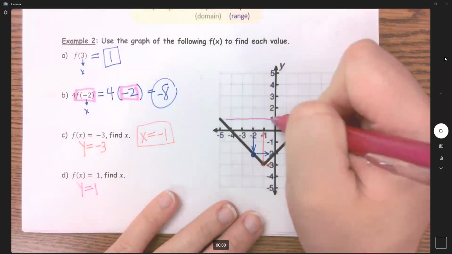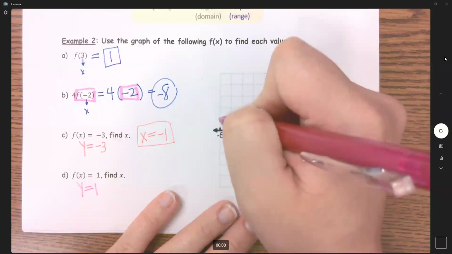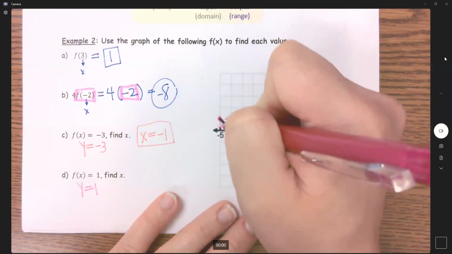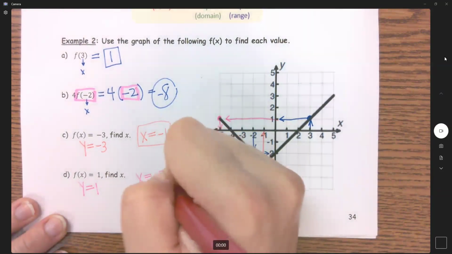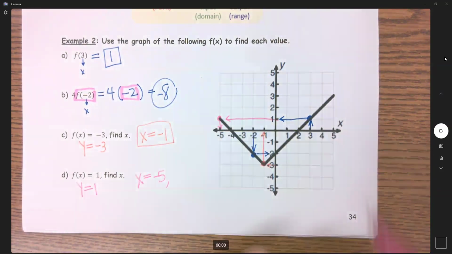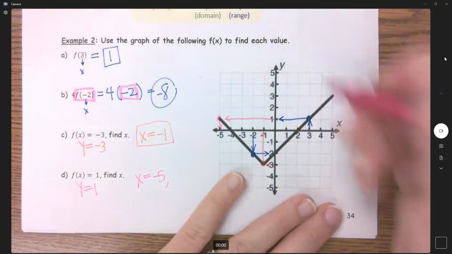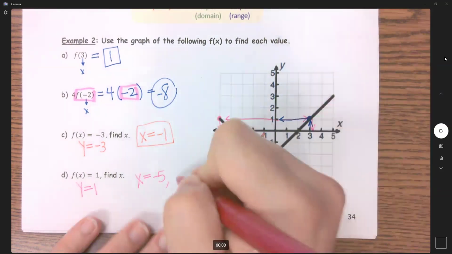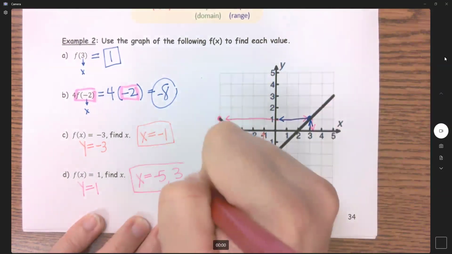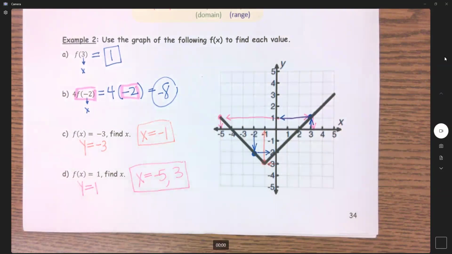I have graph over here to the left. So one value is x equals negative 5. But we're also doing this one backwards. We also have a point right here, which is a y value of 3. So that one has 2 x's when y is 1.